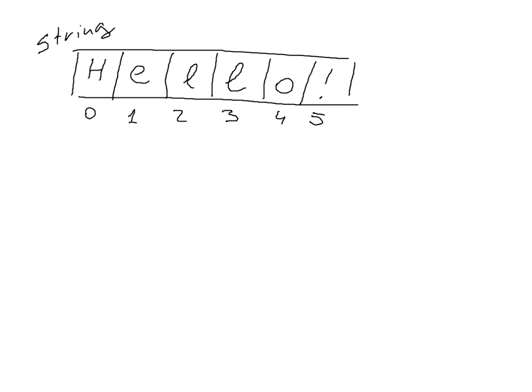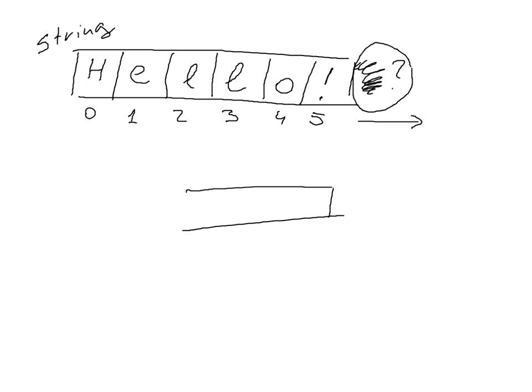But when we look at it, the string needs to know, okay, how do we know that we need to stop after we printed the exclamation point? How does the string know where it needs to stop? Now, if we go too far within the string, right, then we're going to be out of bound. So we cannot have that. So when you're looking at the string itself, this is where we're going into object-oriented programming.